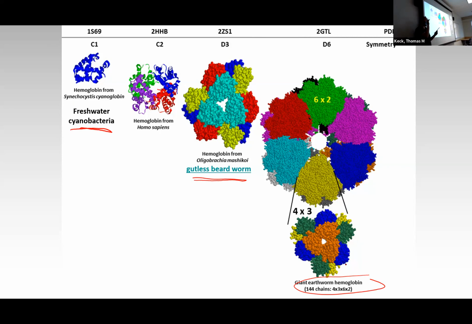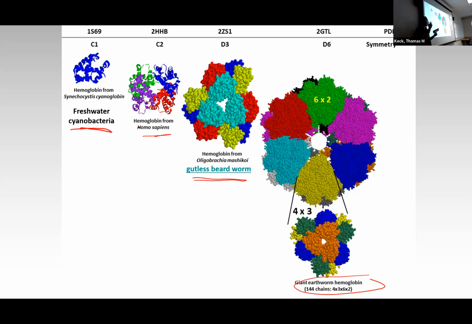But they may do it in really cool different ways, right? So, compared to the cyanobacterium, which can hold on to one oxygen and doesn't have any cooperative subunits, human hemoglobin has 4 cooperative subunits that can actually enhance the activity of hemoglobin. But look at the complexity of these different worms that are very distantly related from each other. They have massively larger hemoglobin proteins.